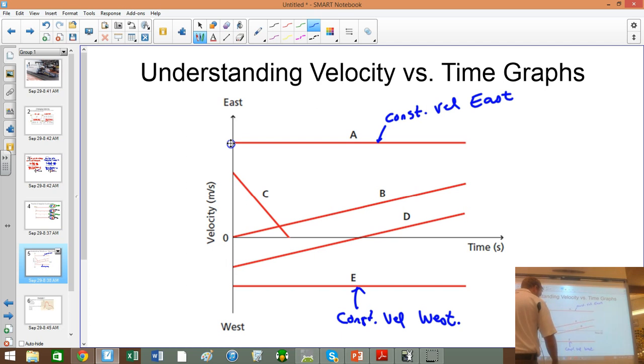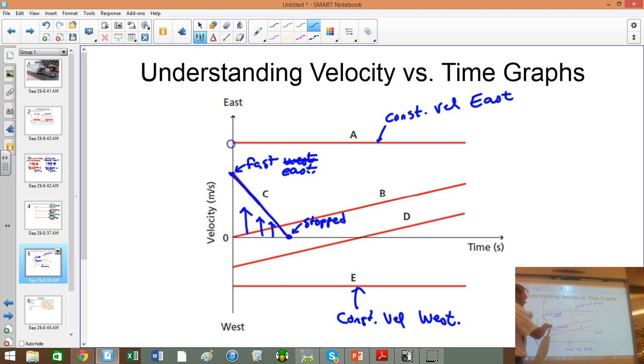Let's look at letter C first of all. You start out going fast, and then you end up stopped. You're going east the entire time because the line is always above 0, but then you slow to a stop.